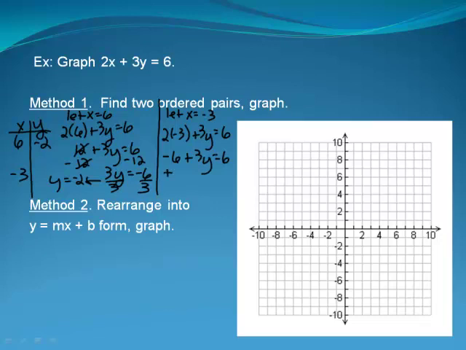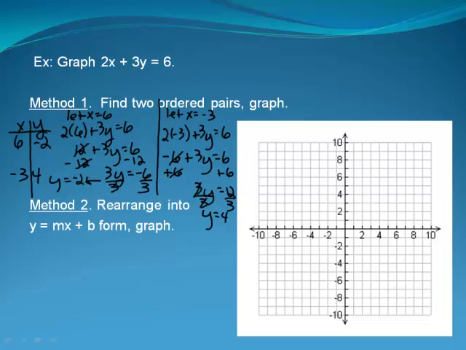Trying to solve for y, so I'm going to add 6 to both sides. That gives me 3y is equal to 12. And if I divide both sides by 3, y is equal to 4. So when x is negative 3, I found for this equation y is equal to 4. So let's plot those points.